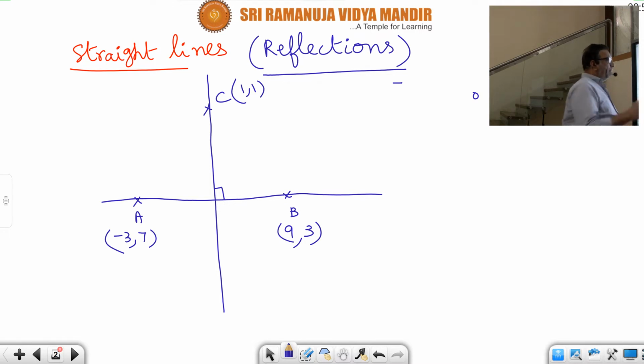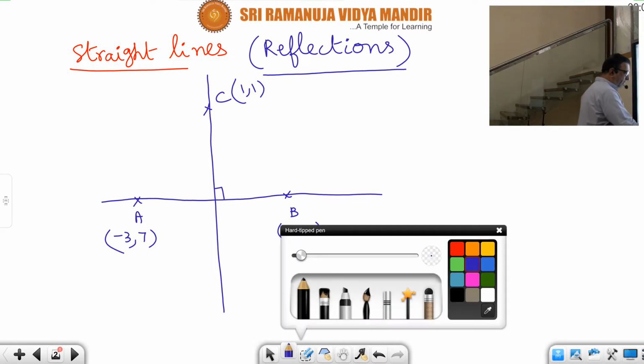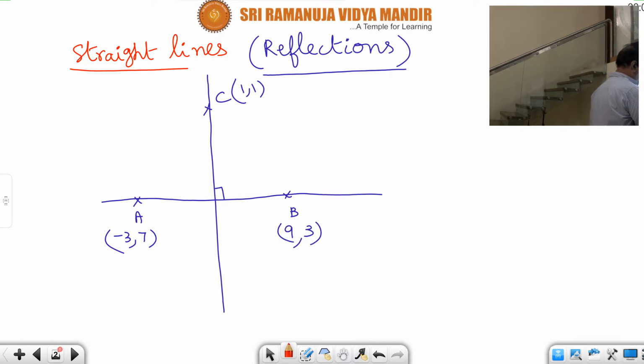I want the equation of the line passing through C and perpendicular to AB. Here it is perpendicular, not parallel, therefore the formula slightly changes. Difference of x coordinates: 12.